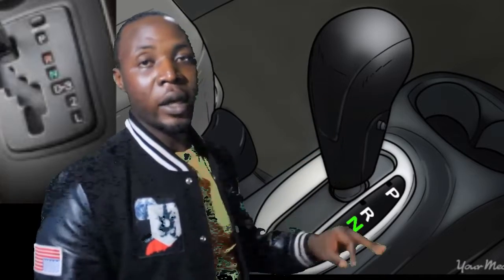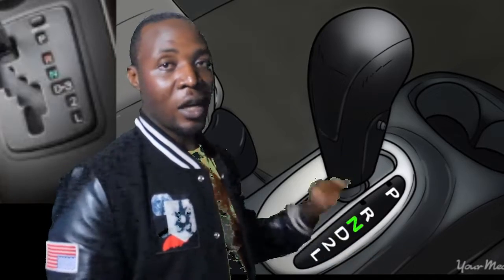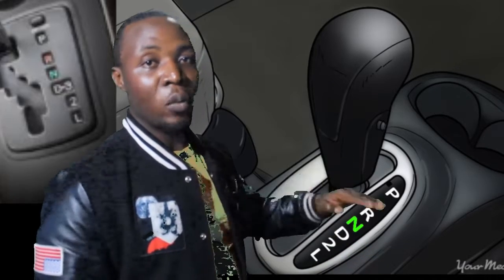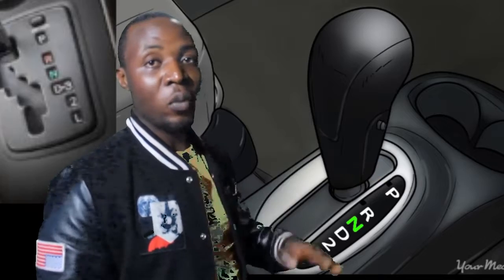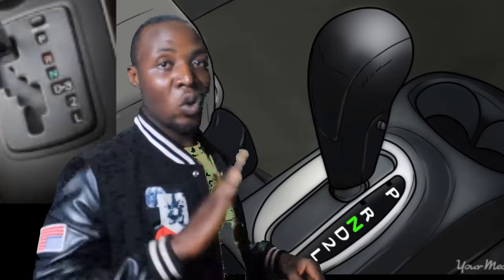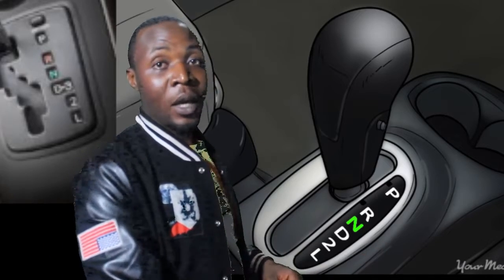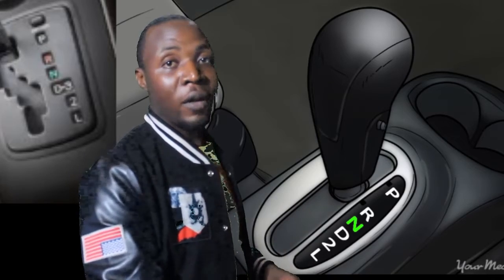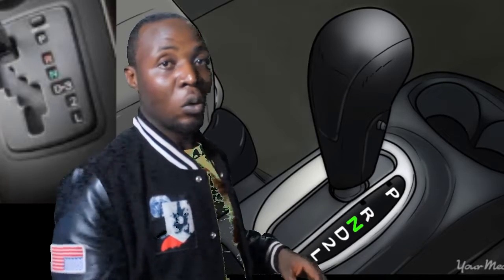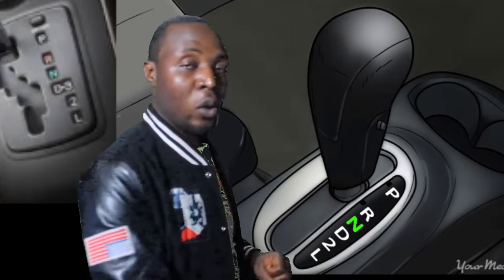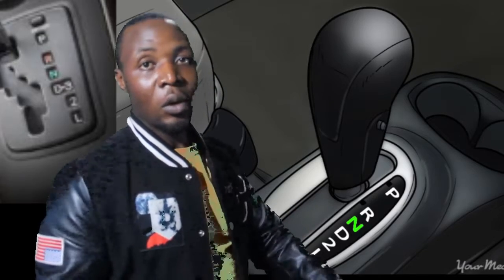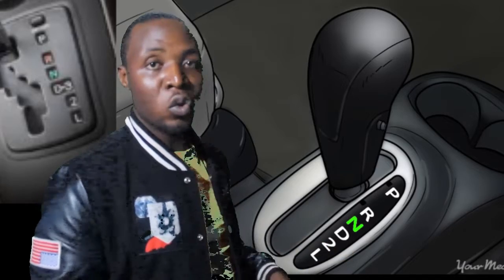You just leave it at D and you are driving, and the gear will be changing. The gear will increase as you are accelerating. As you increase the level of acceleration, the gear will also increase. When you reduce the level of acceleration, the gear will reduce. So that is how automatic cars work.